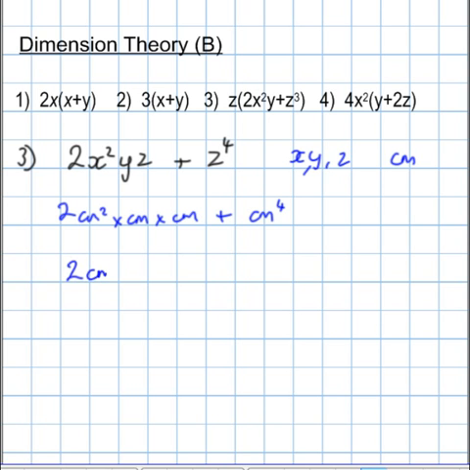You'd end up with 2 centimeters to the power 4 plus 1 centimeter to the power 4. So it's 3 centimeters to the power 4. We're not interested in the number, we're interested in the power of the units. And it's to the power 4. That doesn't represent length, area or volume. So it's none of the above.